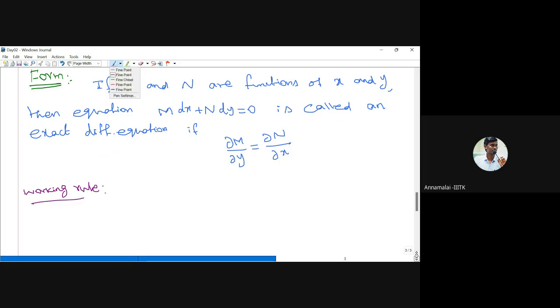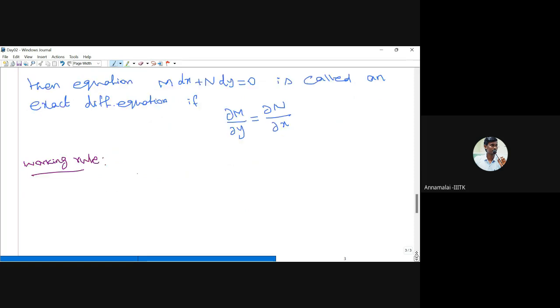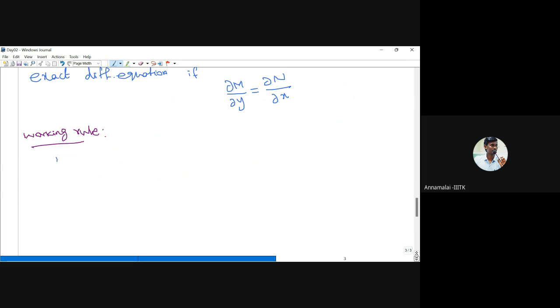First, you have to verify that M dx plus N dy equals 0 is exact. We have to check ∂M/∂y equals ∂N/∂x. If this is satisfied, then go to the next step.